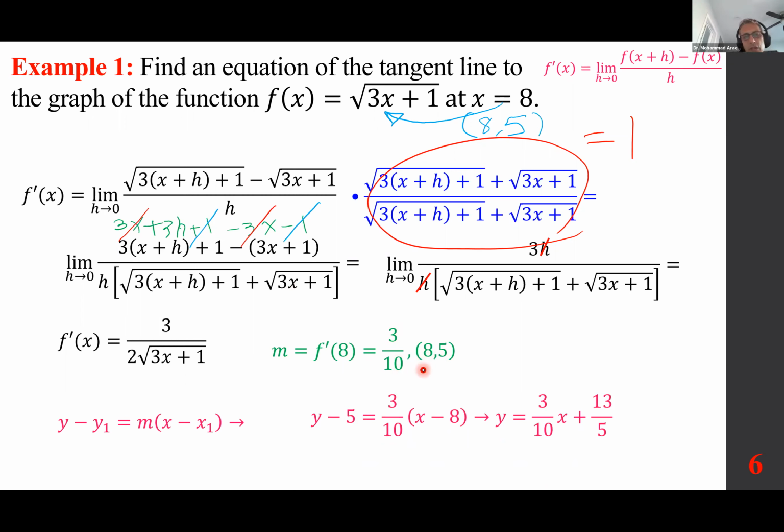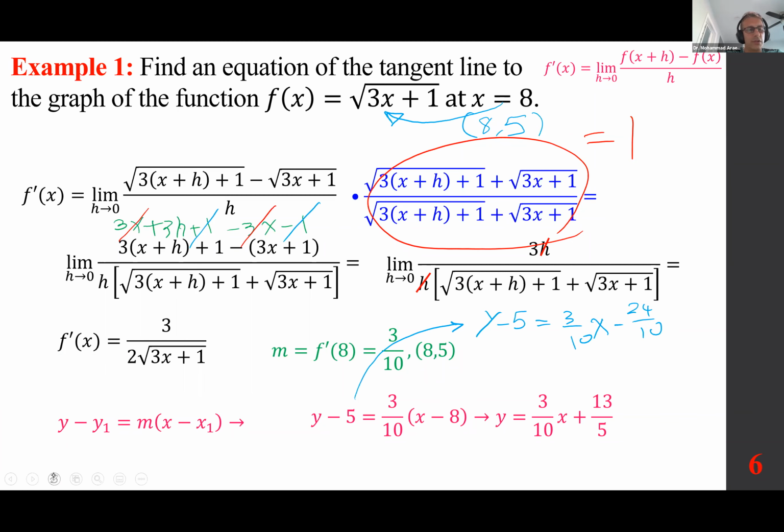Now I want to just quickly show you that you get, okay, so over here, y minus 5 is 3 over 10 x minus, let's just say the 24 over 10.